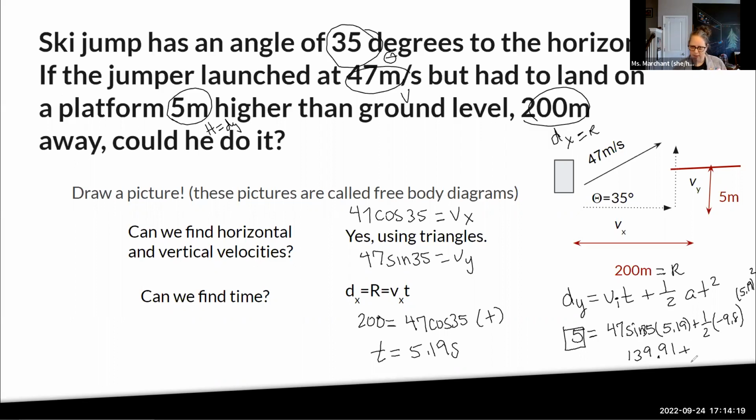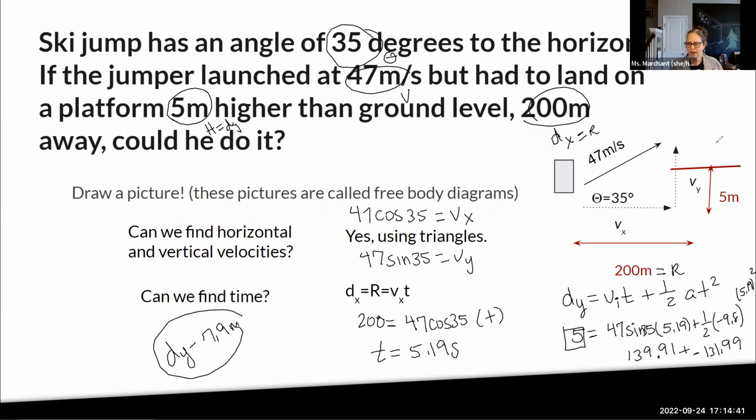And that gives me negative 131.99. So I'm going to subtract those two, and that's not looking promising, is it? 139.9 minus 131.99, I have 7.9. My distance in my y is 7.9 meters.